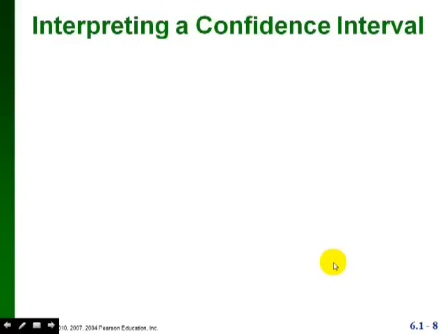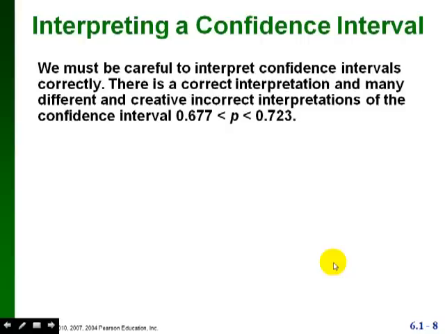So the question now is, how do we interpret a confidence interval? What does it mean? So here we have a confidence interval. And again, this is just a range of values for a proportion. So it goes from 0.677 to 0.723. And let's look at just what this would look like on a number line.